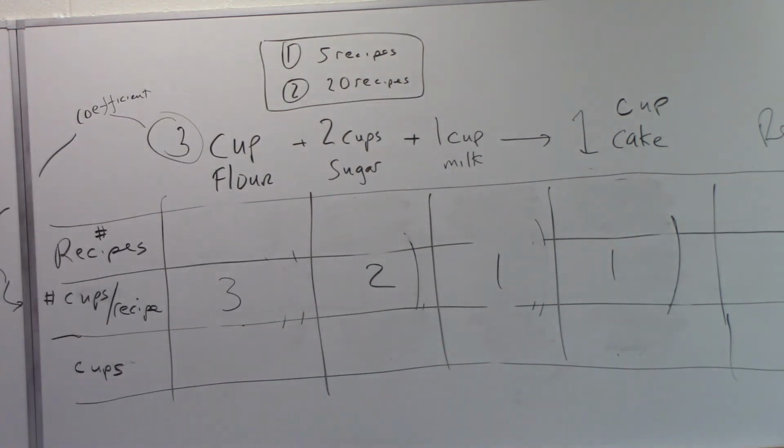So what you need to do is write out 2 of these tables. Each one looks exactly like this to start out with. Do 5 recipes first, and then 20. You can turn off the video here and try on your own. And when you come back, I will have them ready for you.